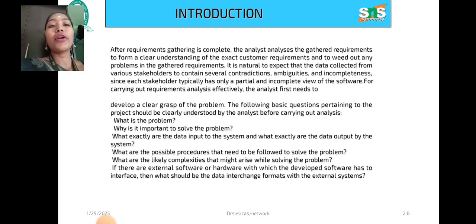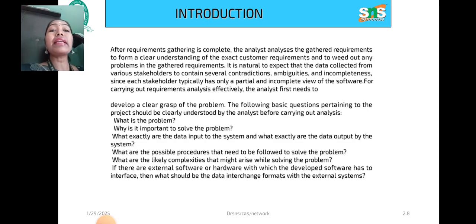Next we are going to see the introduction to requirement gathering. It represents a clear understanding of the exact customer requirements in a clear format. What are the requirements we need? What is the problem the customer is facing, why are they looking for a solution, and why is it important to solve this problem?